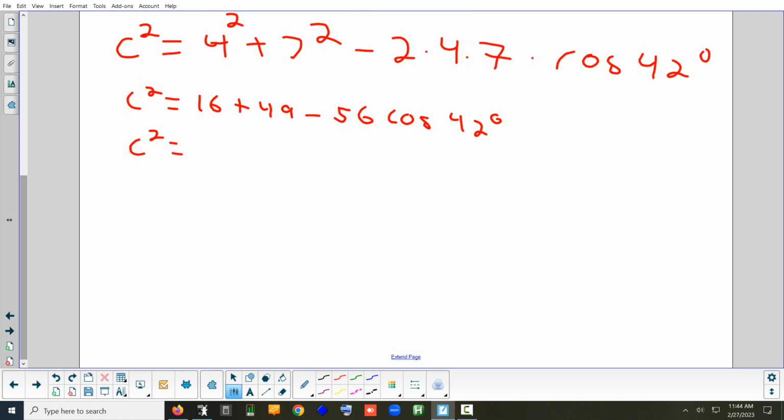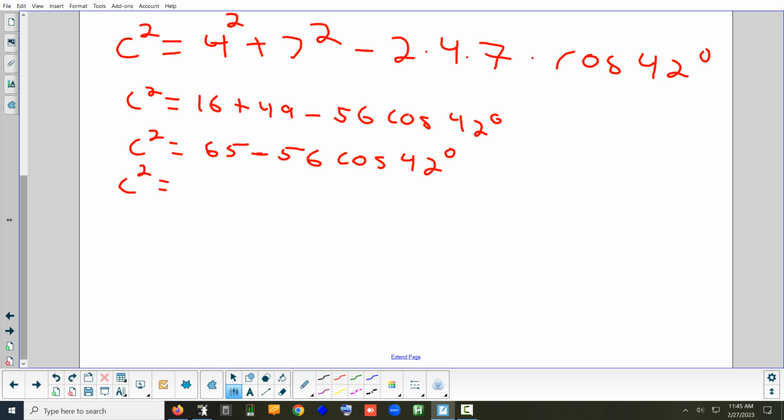Okay, well, what could we do next here? Simplify. You can add the 16 and the 49, that's okay. And what would you get? 65 minus 56. Can we do 65 minus 56?